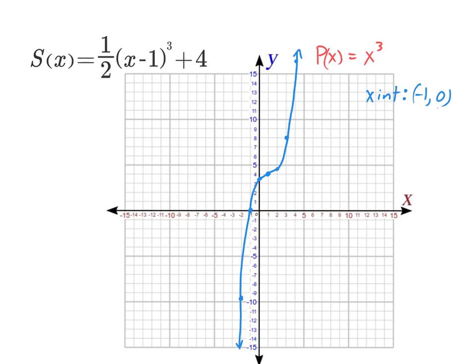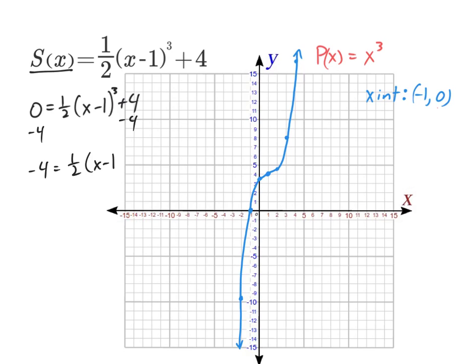Algebraically, if I want an x-intercept, I need to set my function equal to 0. So I'm going to set this s of x equal to 0. And that gives me 1/2 times x minus 1 cubed plus 4. Subtract 4 from both sides. You end up getting -4 equals 1/2 times x minus 1 cubed. In order to undo that 1/2, I'm going to multiply both sides by 2.